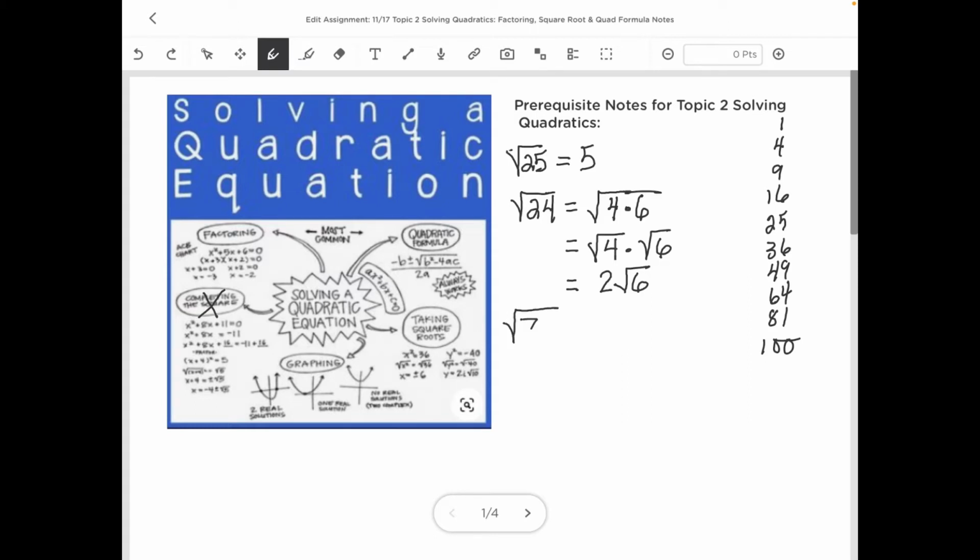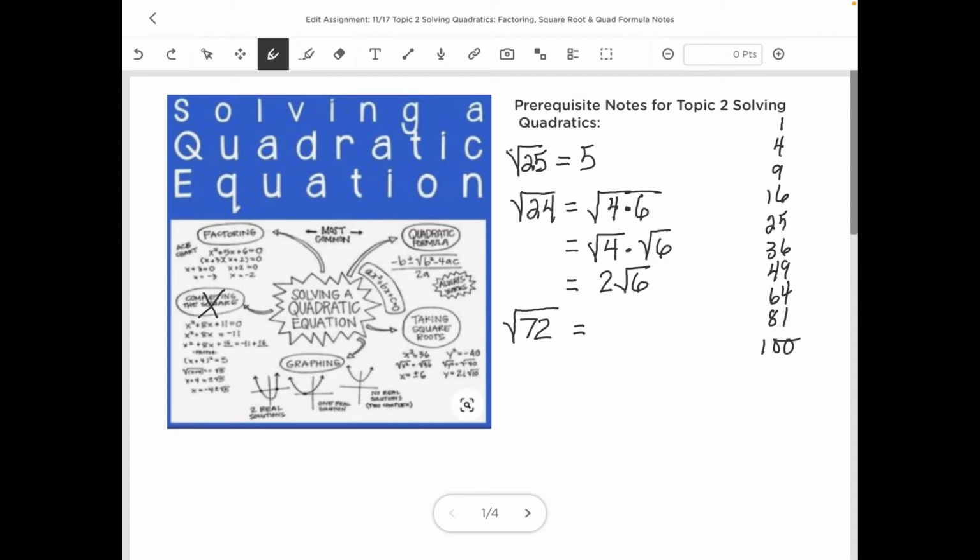So let's take another number. Let's do the square root of 72. For the square root of 72, I would recommend that we look for the largest perfect square that divides into 72. And as you scan down those perfect squares, you are going to find some perfect squares that divide into it. For example, 4 divides into 72.